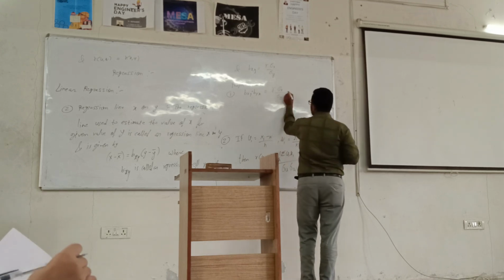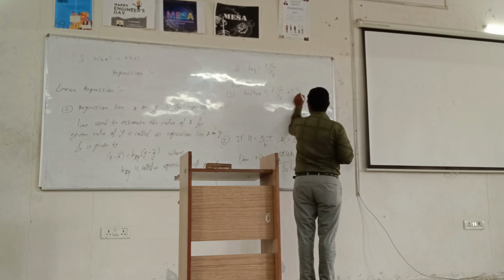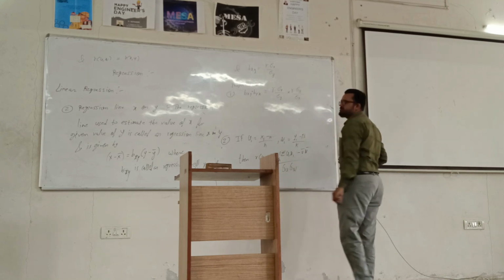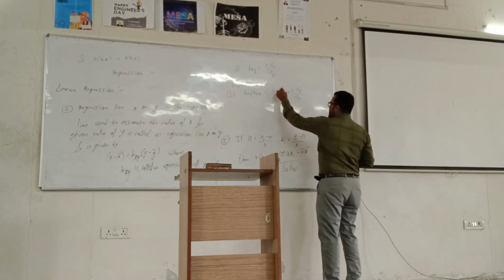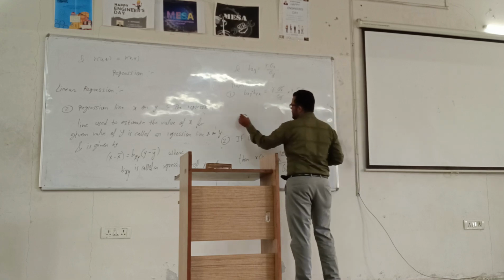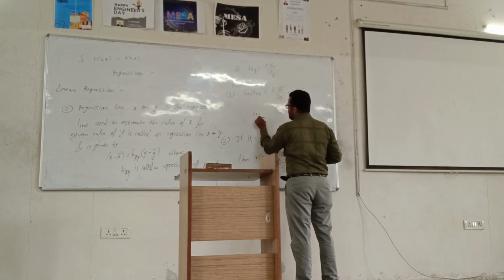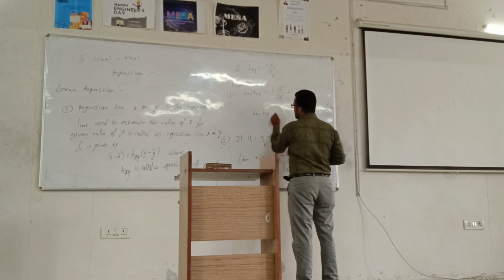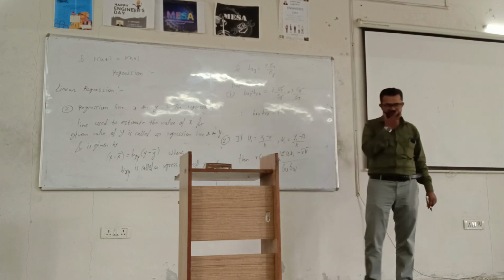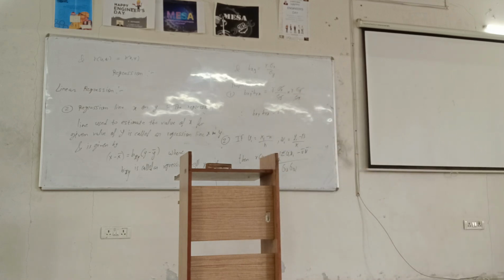And byx is r into sigma y upon sigma x. That gives r square, as sigma x and sigma y cancel. Can I say bxy into byx is nothing but r square? That is, if byx and bxy are given, I can find r also.